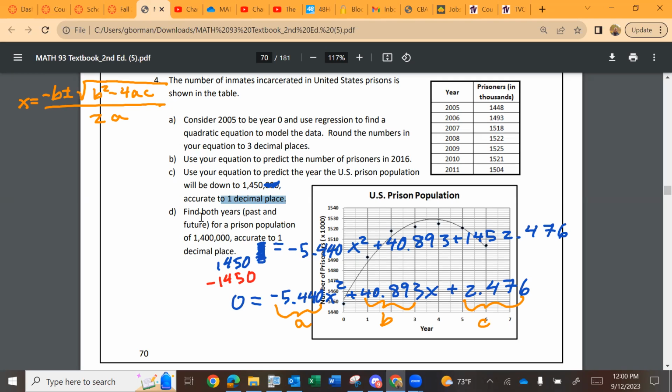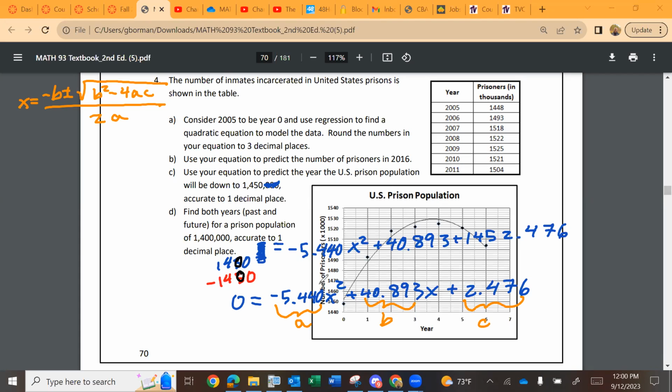Then it says, go find both years for 1400, accurate to 1 decimal place. I'll let you take care of that. The only difference that you're going to have compared to part C is you're going to have a 1400 right here.